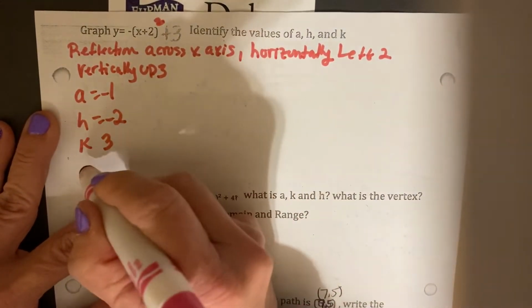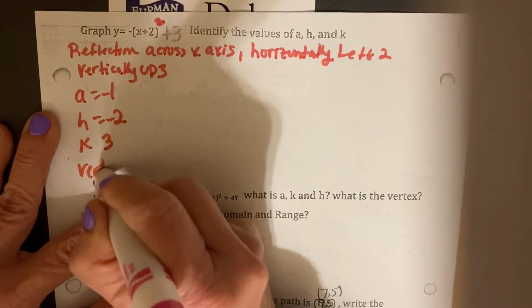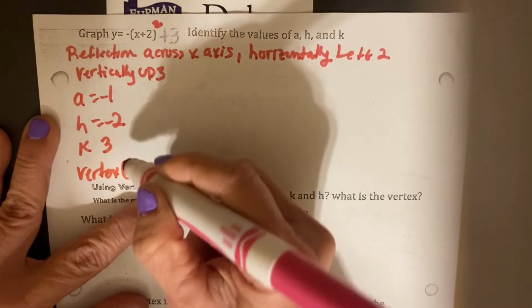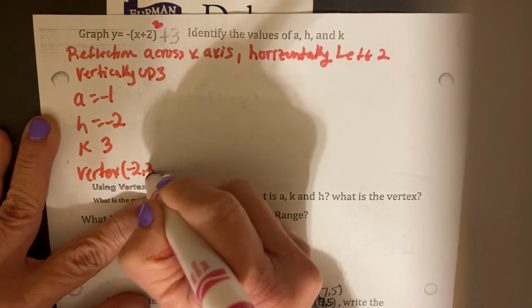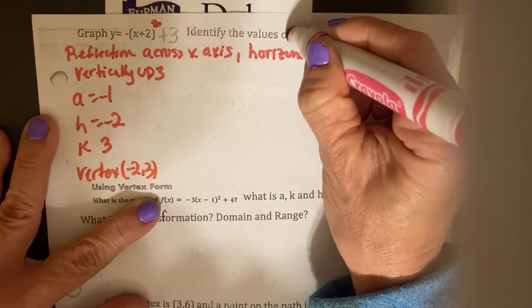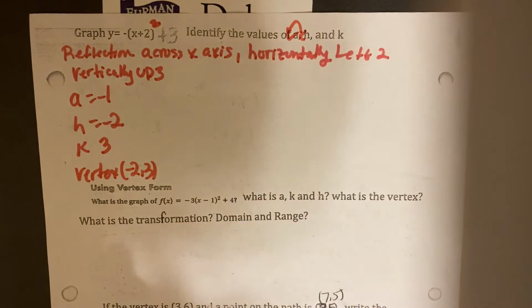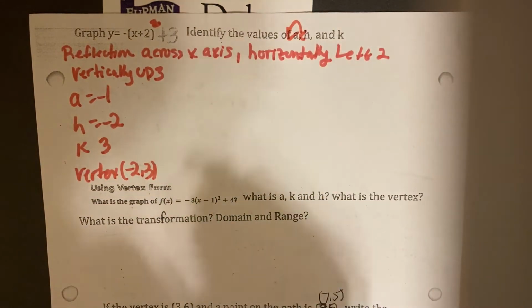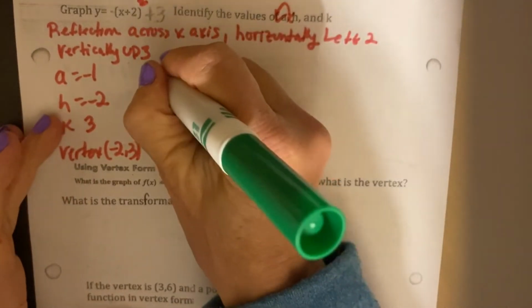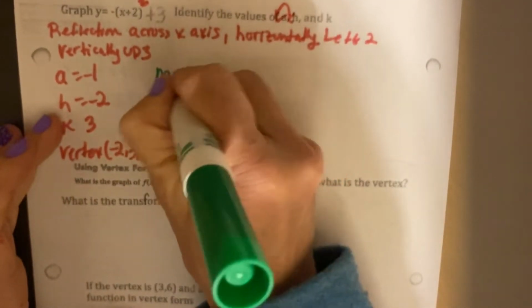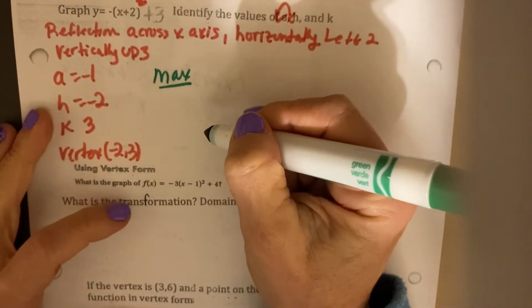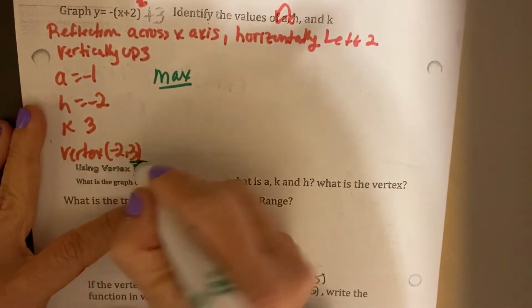So that means that our vertex is going to be -2, 3. Since this is going to open down, we also know that we have a max value. So we know that this is a max, and the max value is going to be at this 3.